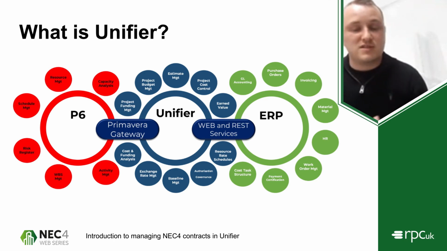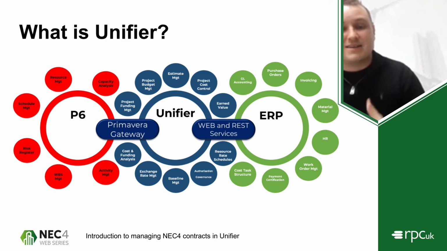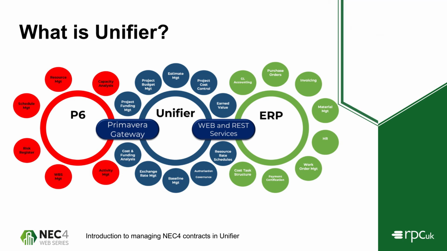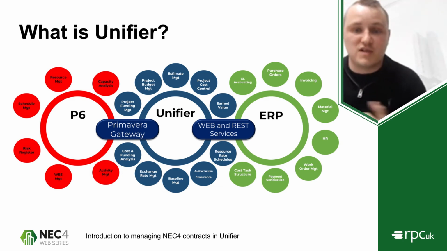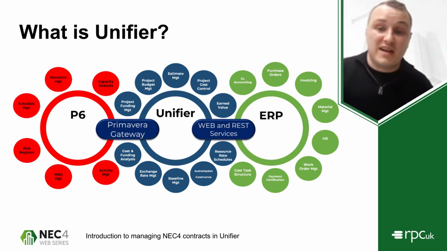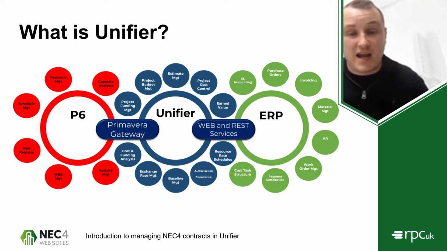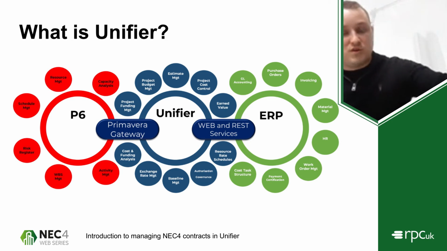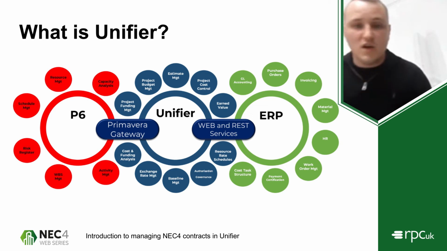So having that standardized cost sheet across our full hierarchy allows us to really easily push information up and down that hierarchy and automate that as well. Say, for instance, our compensation event process within NEC. As a compensation event gets to the end step, we can allocate the cost to our standardized cost sheet, which can then roll up to the project level above and then to the portfolio, etc.